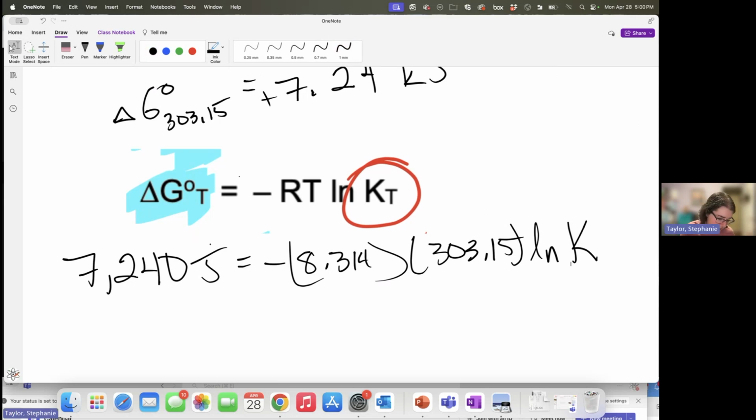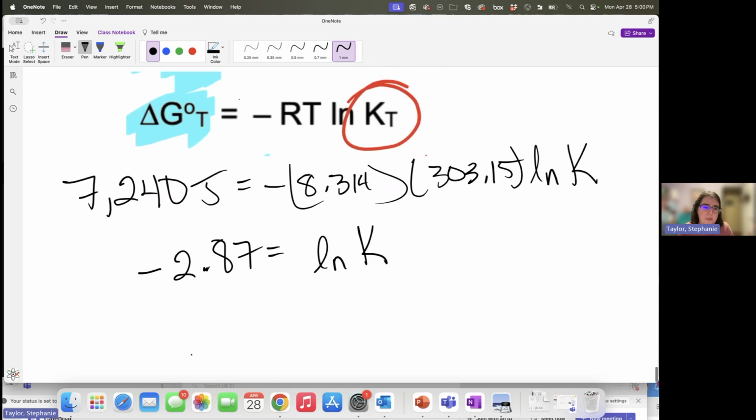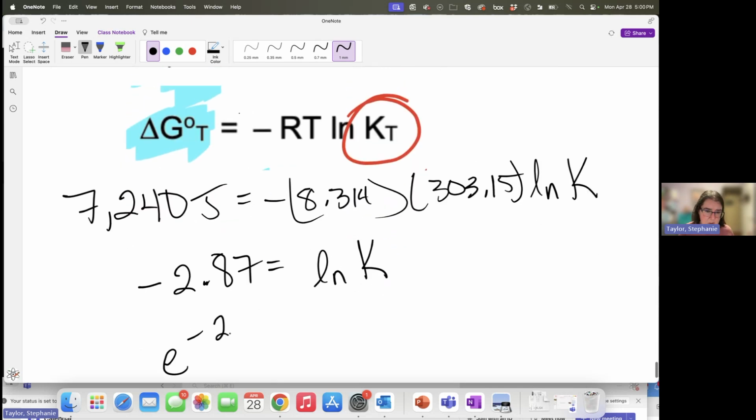So this is divided by 8.314, divided by 303.15, and there's a negative 1 thrown in there. I wind up with something like negative 2.87 equal to the natural log of K. So e to the negative 2.87 is equal to K.